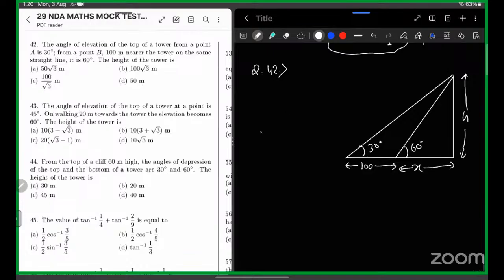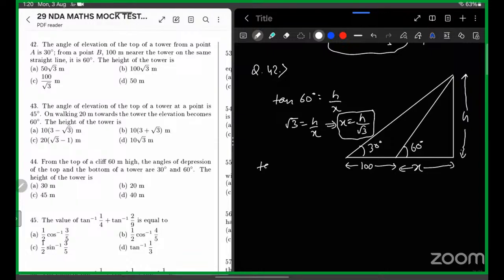Tan 60 is h by x, so x is equal to h by root 3.